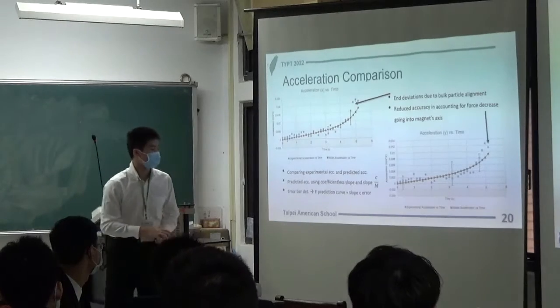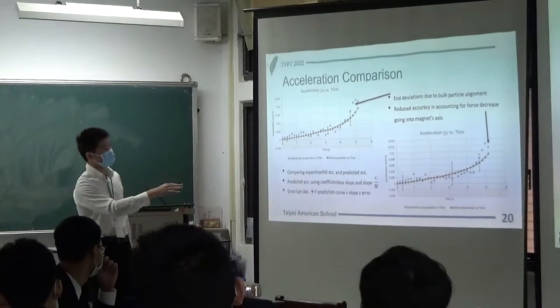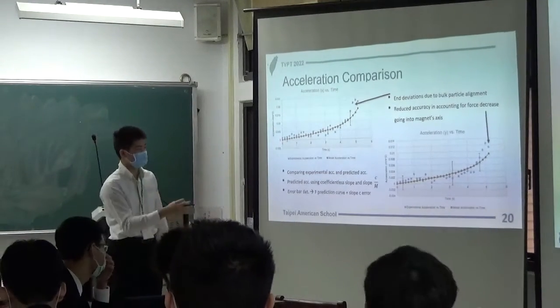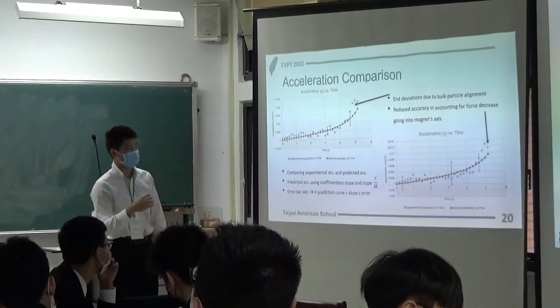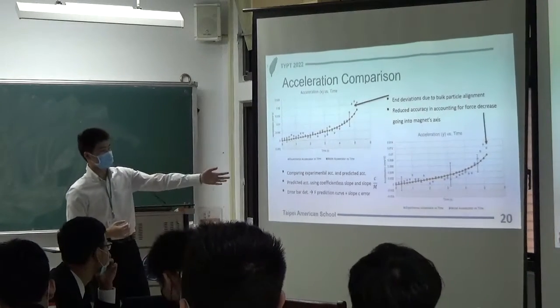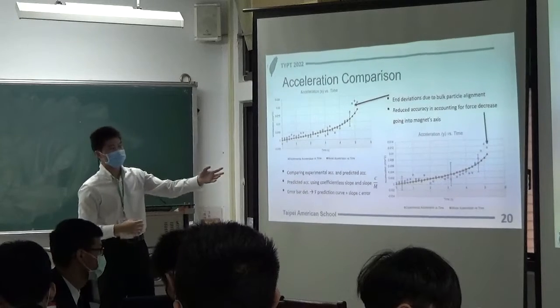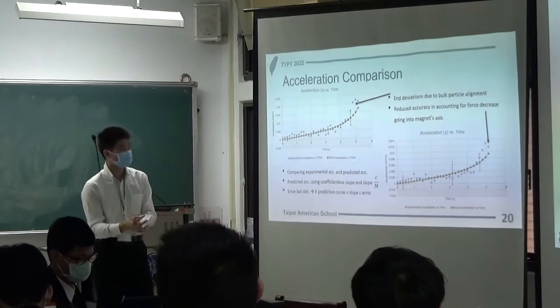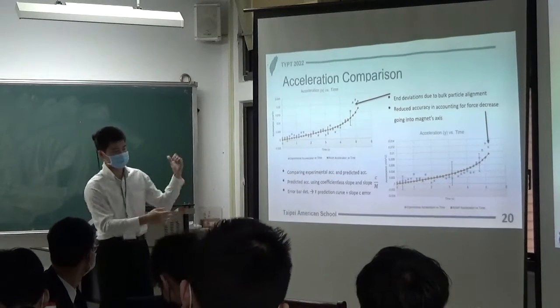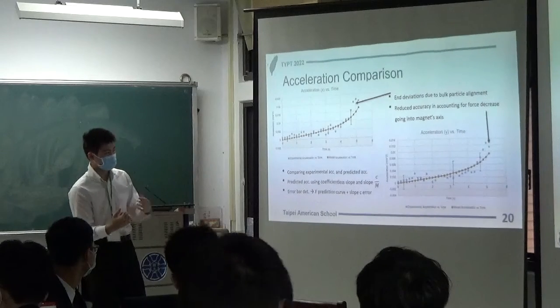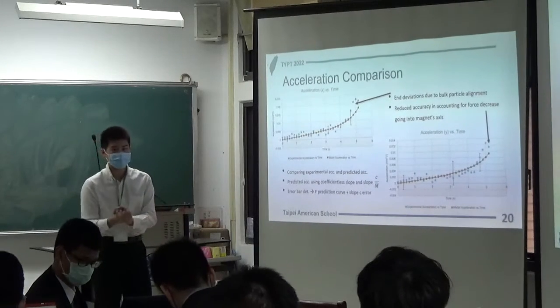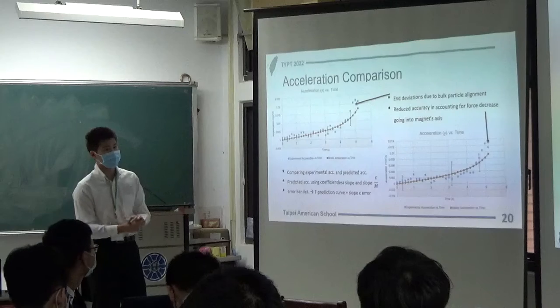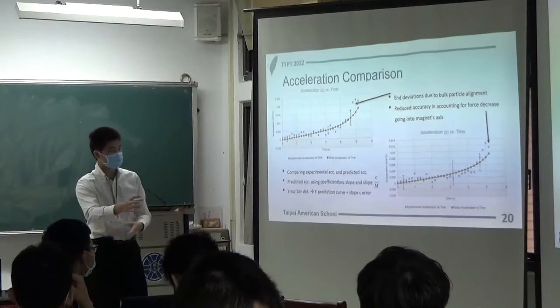Okay, and then moving on, this is our actual comparison between our model and our experimental acceleration over time. All right, so as you can see from this, we multiplied the originally coefficientless force by the coefficient we got from the previous slide, the c divided by m, and then compared it to the actual acceleration of the particle in the coordinates.